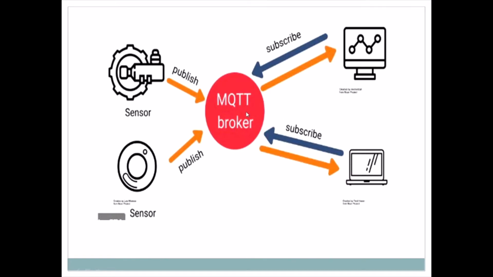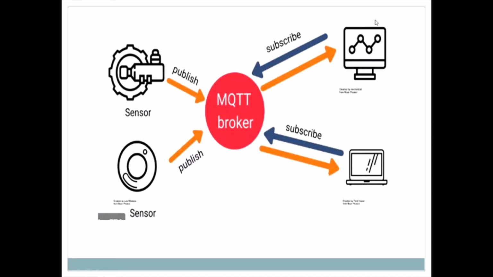So here is another graph that can explain it very well. On this side you have sensors, different kinds of sensors. All these sensors are publishing. The sensors publish data to the broker. As you know, the sensors collect data in the environment and send it to the broker or the server.